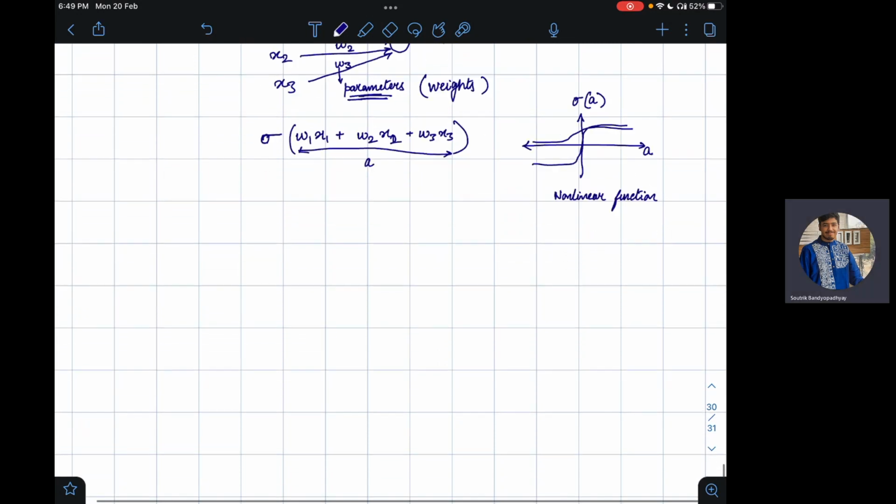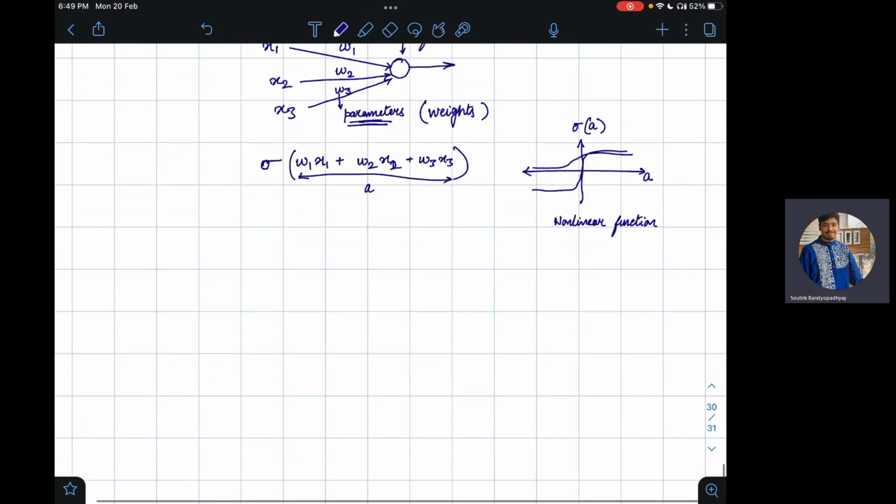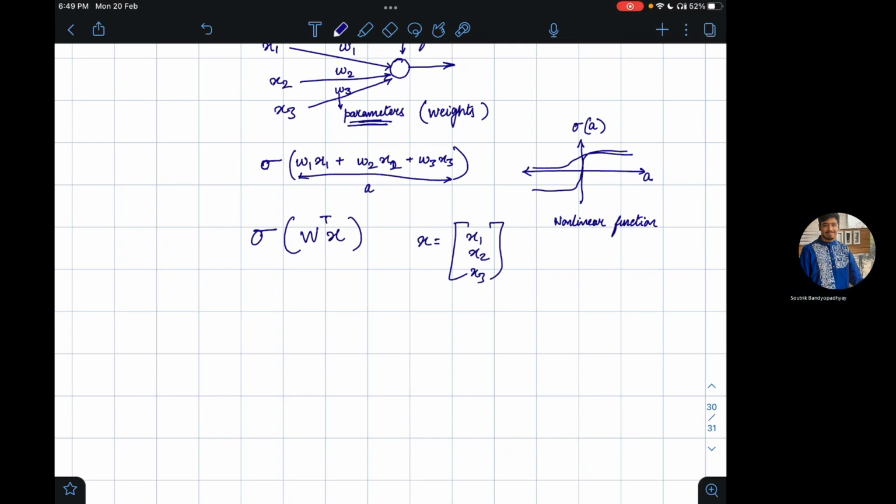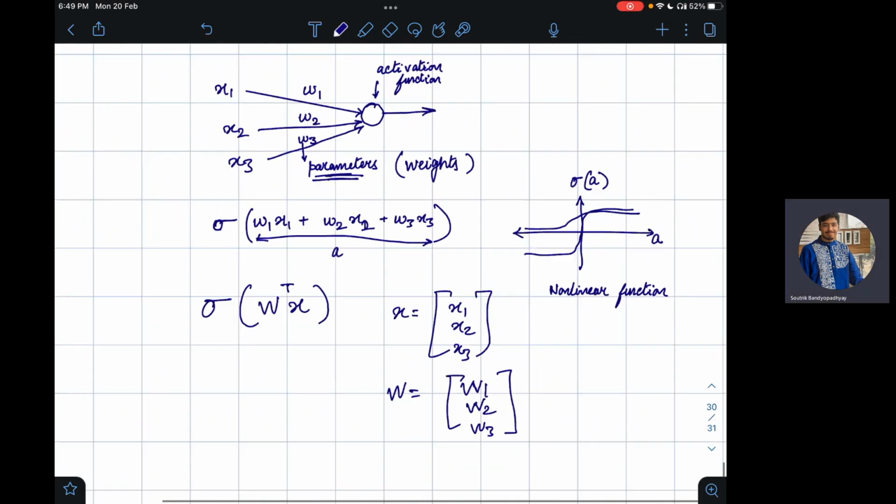So in essence, you are computing sigma of the weight transpose times x, where x is x1, x2, x3, and w is weight 1, weight 2, weight 3. Right?